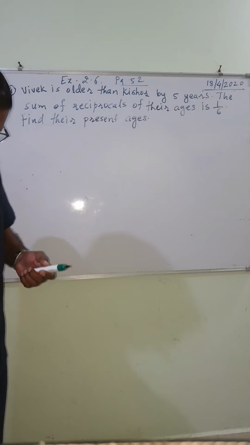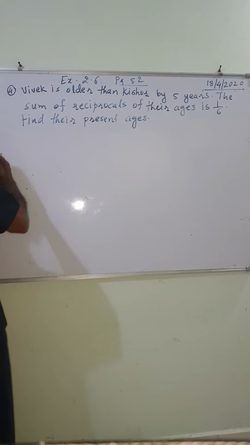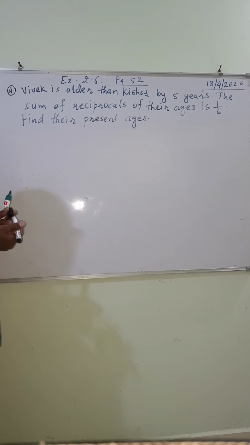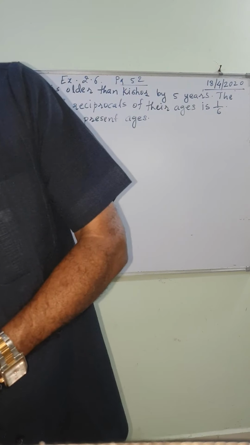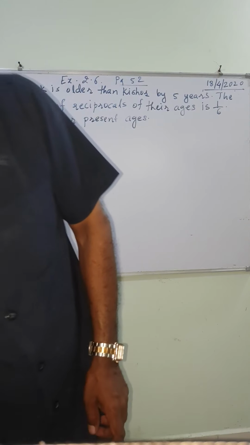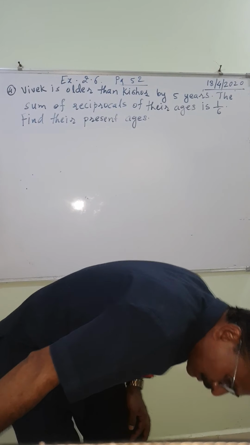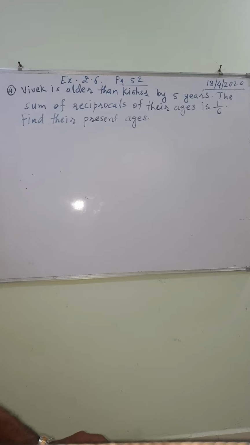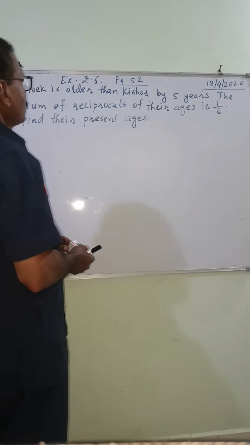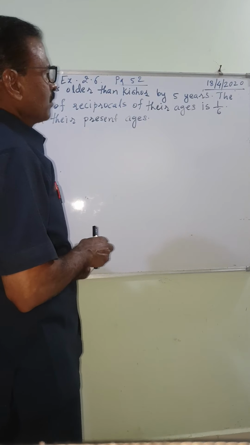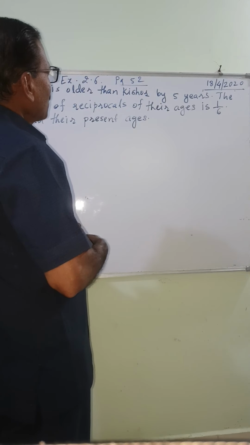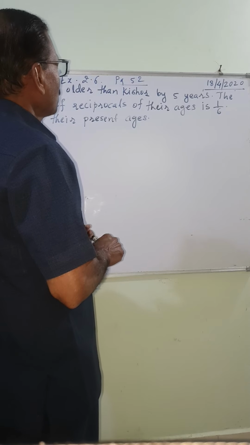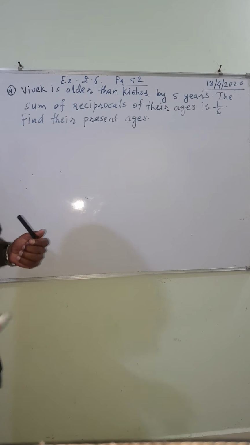Now in this question, the reciprocals of the ages, reciprocal means what? What is the reciprocal of 5? 1/5. That way, now Vivek is older than Kishore. So Kishore is younger. Generally in such sums, we assume the age of whoever is smaller. So Kishore in this case is smaller, that means he is younger.